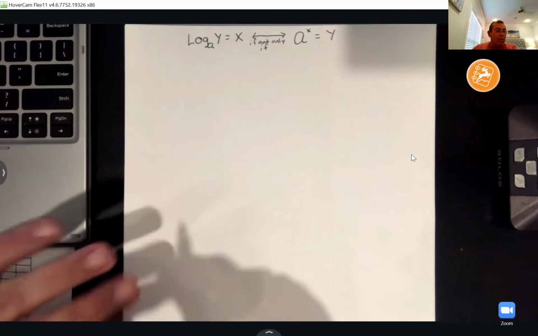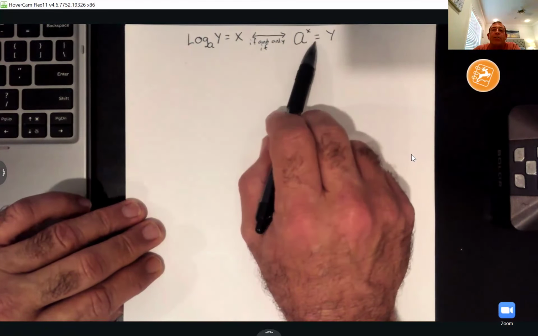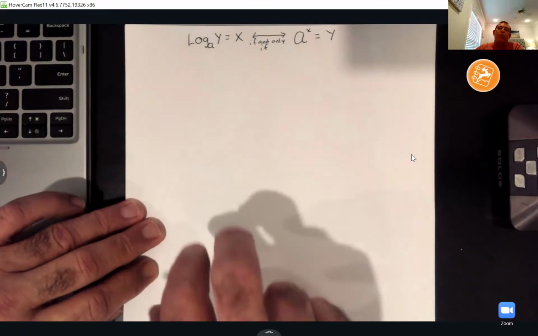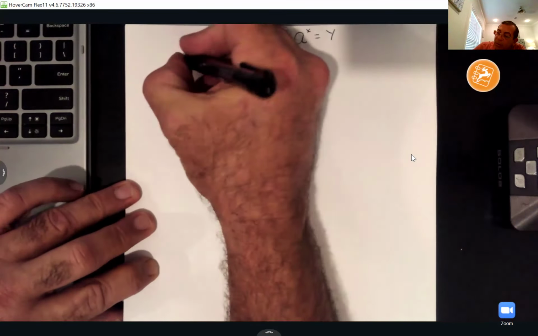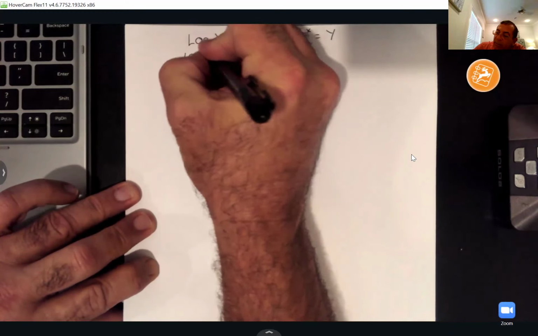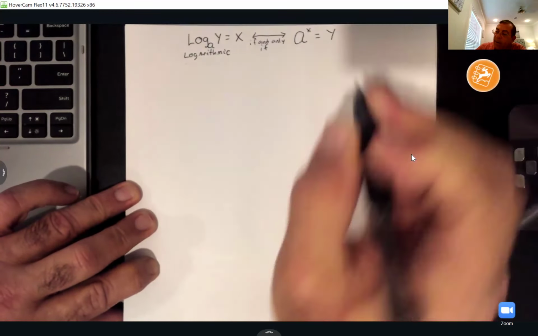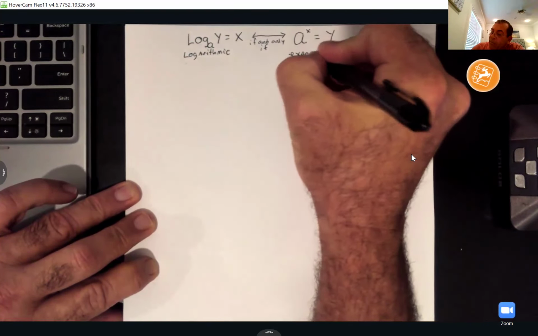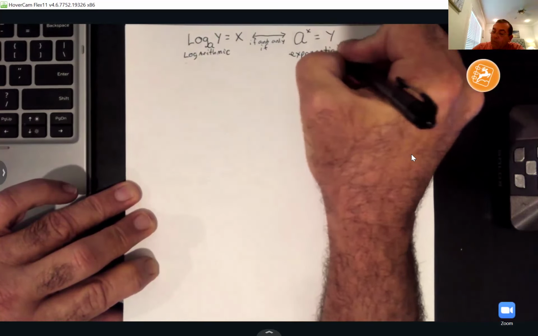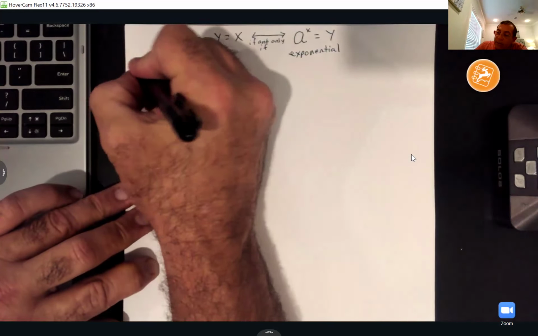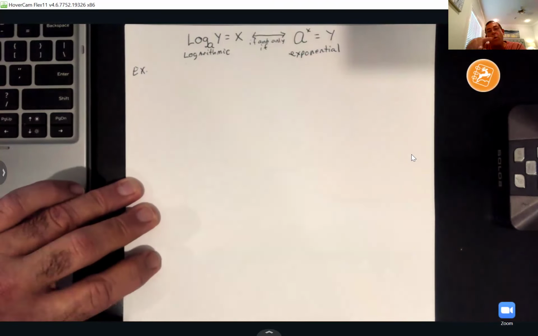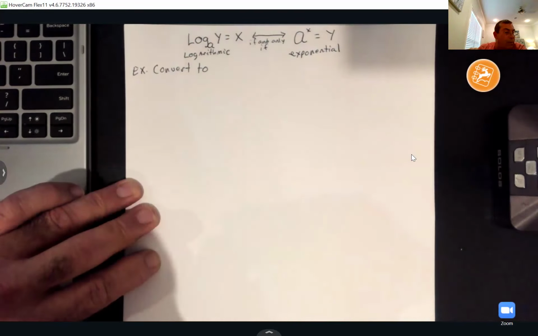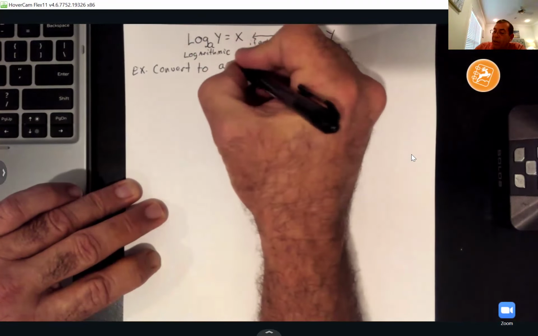So what they'll do, they're going to give me exponential equations. I'm going to convert them into the logarithmic equations. And then they'll go from logs to exponential. So this is the logarithmic part. And this is the exponential. So first off, we're going to convert to a logarithmic equation.